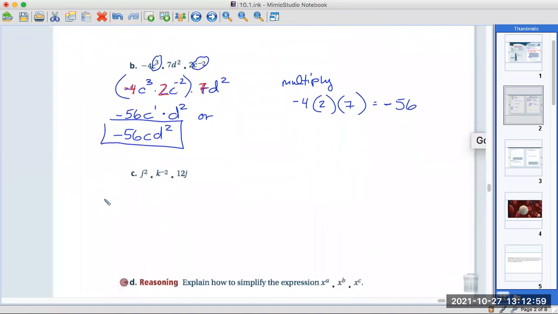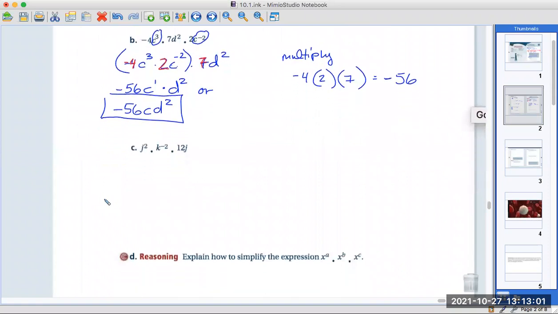All right. And last one in this section, I have J, K, and J. So I've got to combine my J's. So these two get together times K to the power of -2. The K stays out here. This is a 1. So we have 12 times 1 times 1, which is simply 12, our leading coefficient.